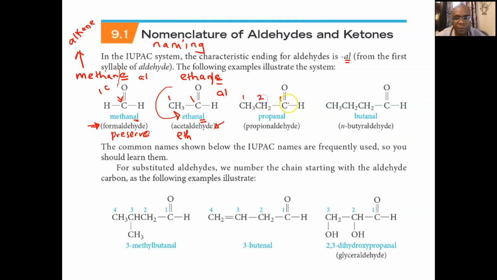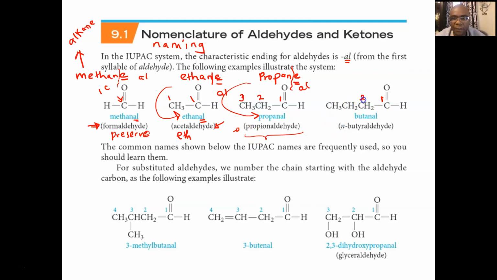Always for the aldehyde you number from the carbonyl because it will always be at the end of the chain. So prioritize the carbon of the carbonyl. So you have 3 carbons, and it would have been propane, but because it's an aldehyde, the e is dropped, replaced with -al, so the name becomes propanal. Common name propionaldehyde.